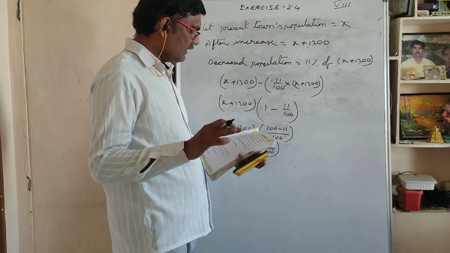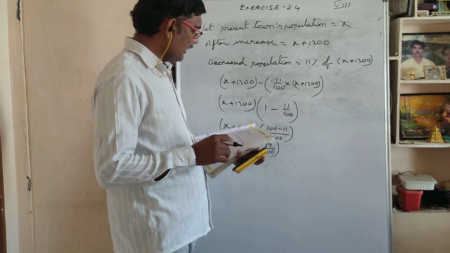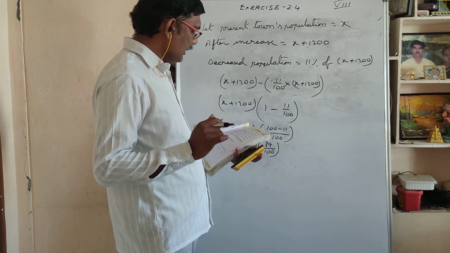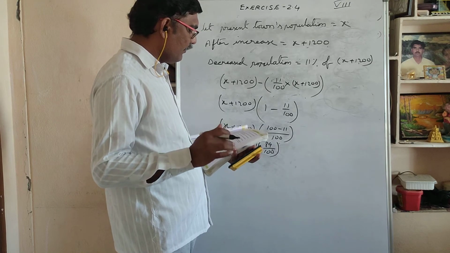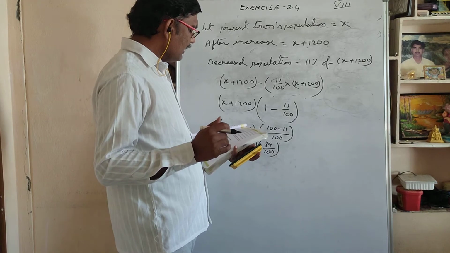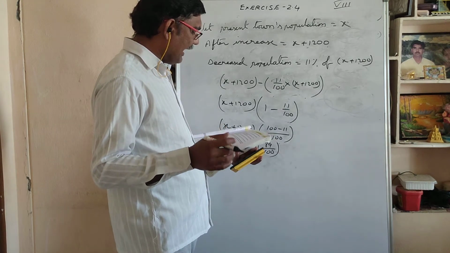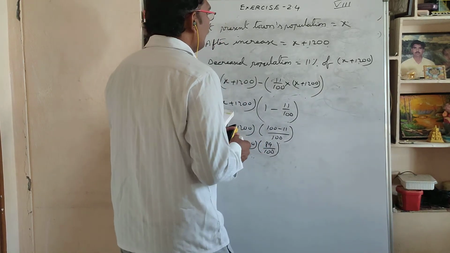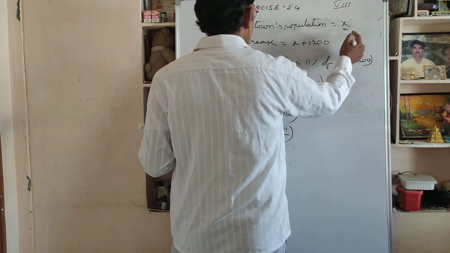Then here he has given some relation: the town now had 32 fewer people than it did before the 1200 increase. Before the 1200 increase, the population is x or not?